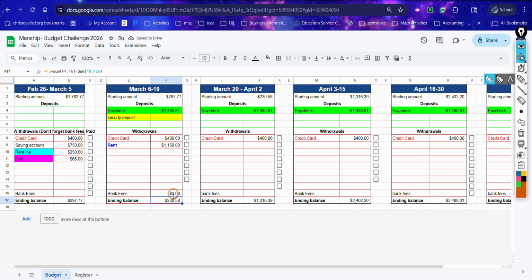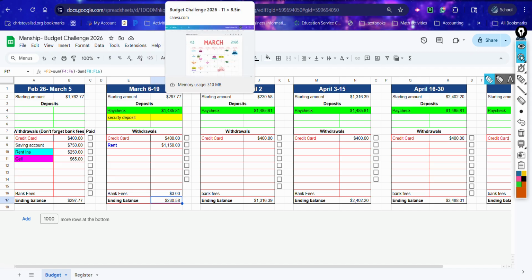I have that bank fee part on every single one because in case you overdraft your account or other bank fees may come up based upon your usage, you can record them as you go through because this is a living document. Anytime you have a budget, it's always a living document because if life events happen, you may have to go in there and adjust.